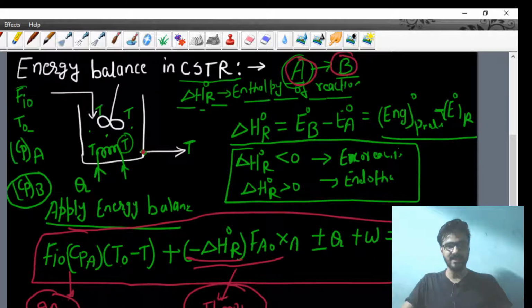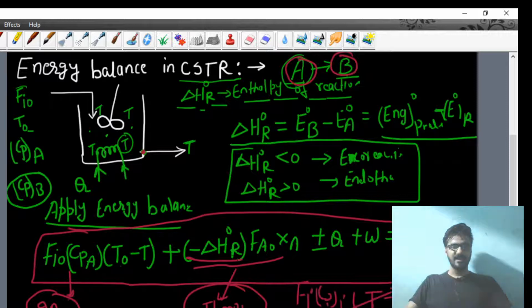For the outlet, you will see Fi Cp of I times T minus T, which will be equal to 0. That's why there won't be any outlet energy term, because the reference temperature and the outlet temperature are the same. That's why this term becomes 0, and I have not taken the outlet energy in this particular derivation.